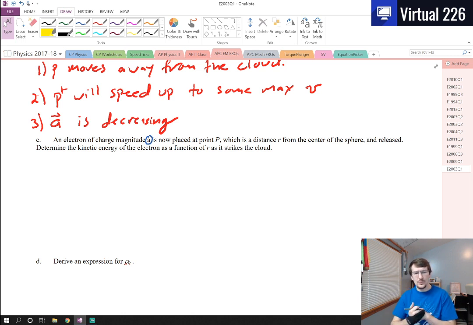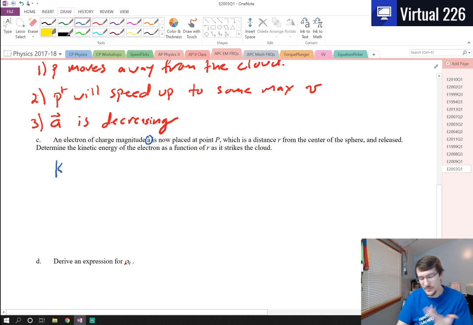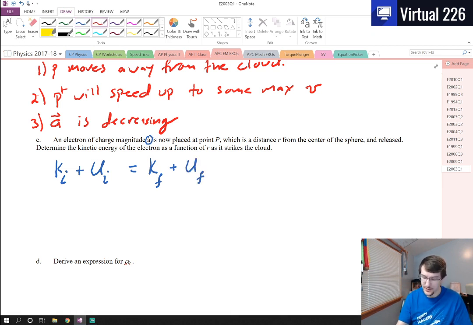The way that we could do this, I like to just write out the entire energy equation. So for the conservation of energy, I like to say K initial plus the potential initial equals the K final, the kinetic final, plus the potential final. And I know initially my electron is at rest, so this is zero, it goes away.